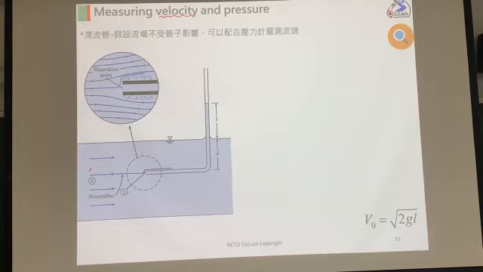We know the pressure P0 plus gamma Z0 plus one half rho V0 squared. And here we know P1 plus gamma Z1 plus one half rho V1 squared.